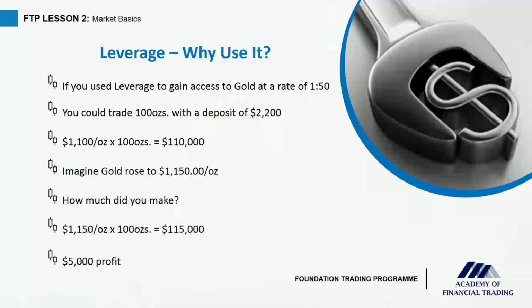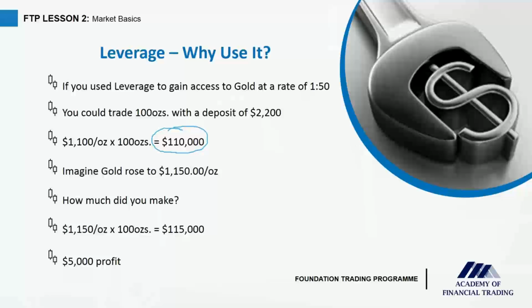Let's have a look. It's gone up from $110,000 up to $115,000. You've made $5,000 in profit because you had access to leverage, because the broker didn't demand that you deposit with them the full amount of what the trade was actually worth. Does that make sense? Are we all okay with that?